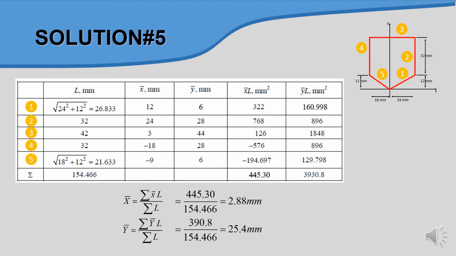So I think that's all for the explanation of how we compute the center of gravity and centroid for the area and wire or line.